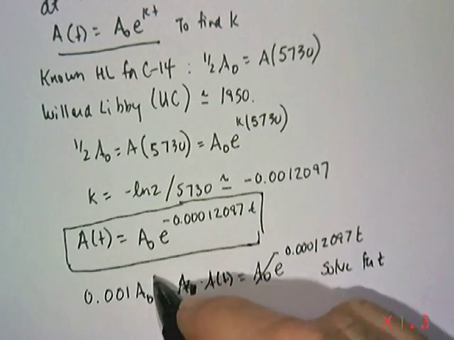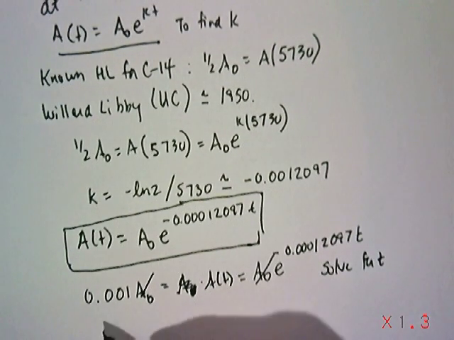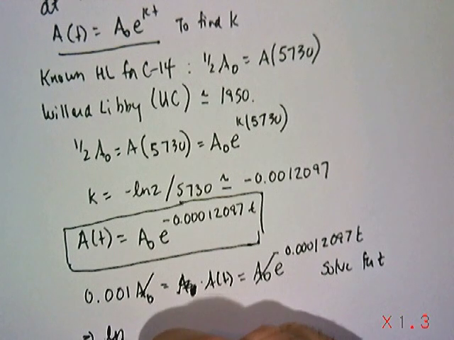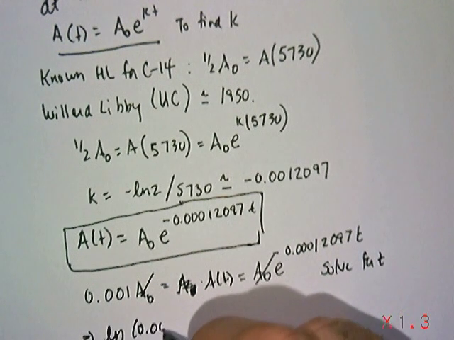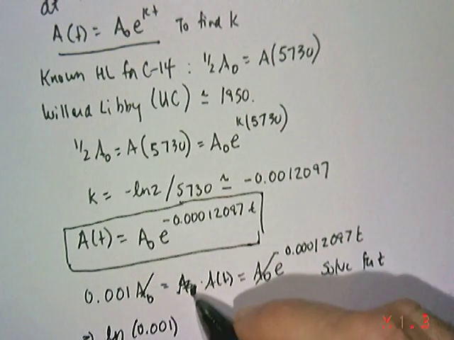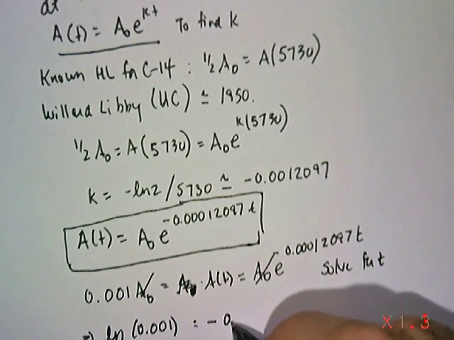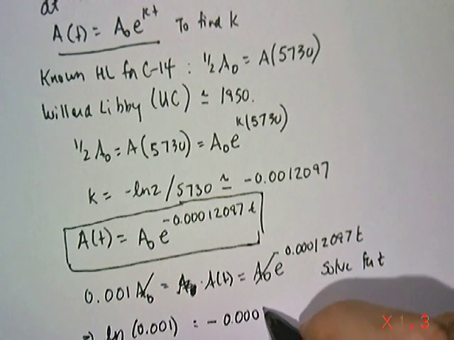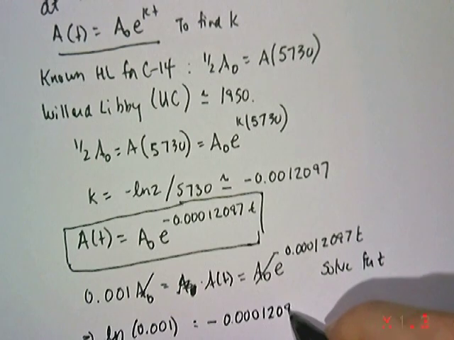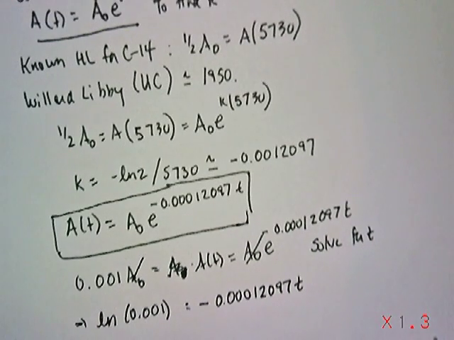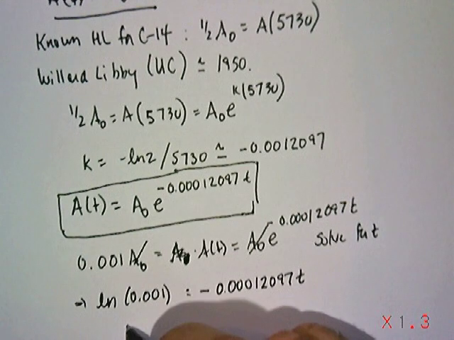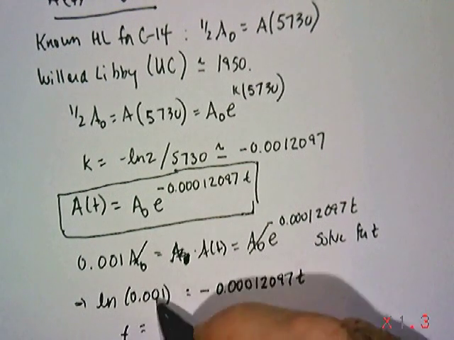Again, the A0 components go out, and then you take natural logs. You're going to get the natural log of 0.001 equals negative 0.000121097 t, and then dividing out, what you're going to have is t, because that natural log is going to be negative as well.